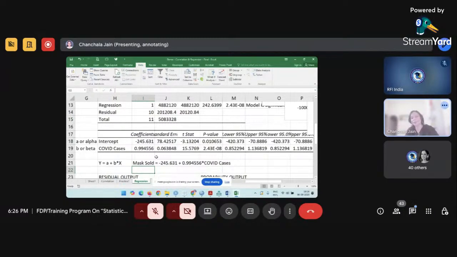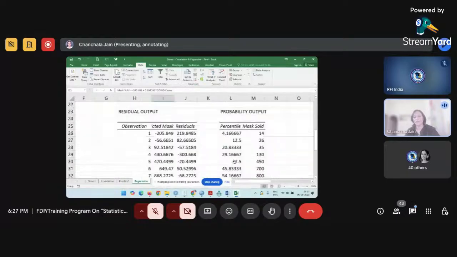You will subtract 245.631 from that, and you can say this will be the sales of mask for a particular month, right? I hope it is clear to everyone.